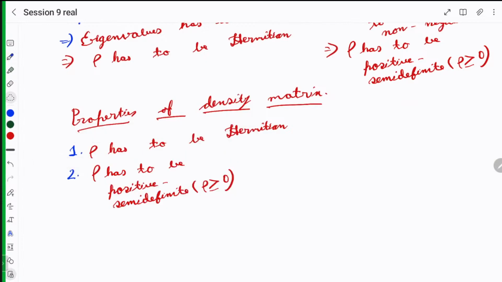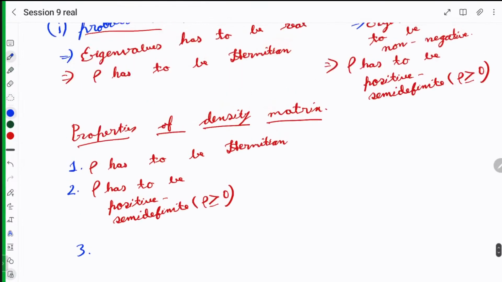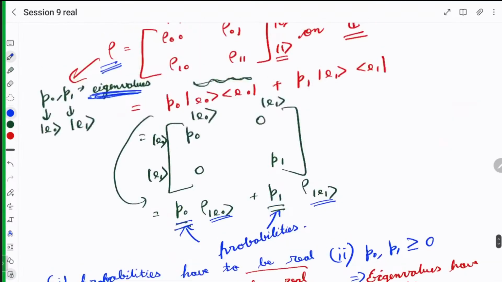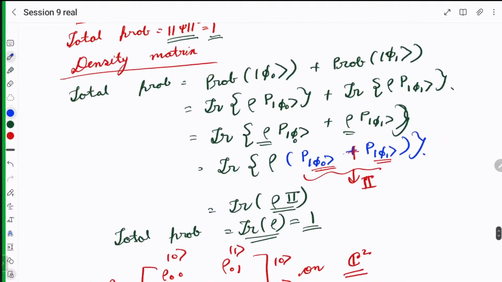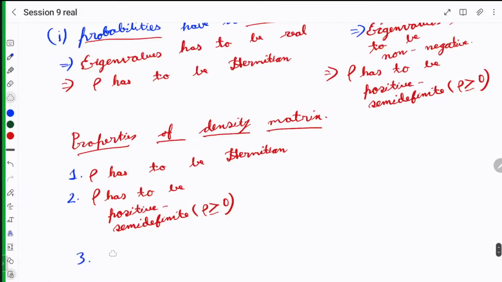And the third property, from the fact that total probability is 1, is that trace of rho is 1. So you see, all these properties arise very naturally, very logically.